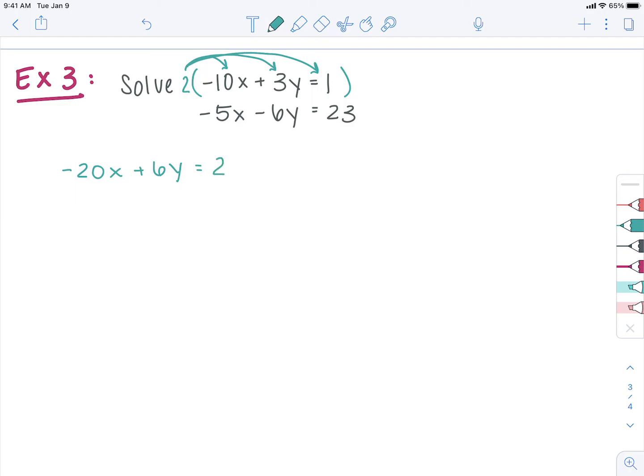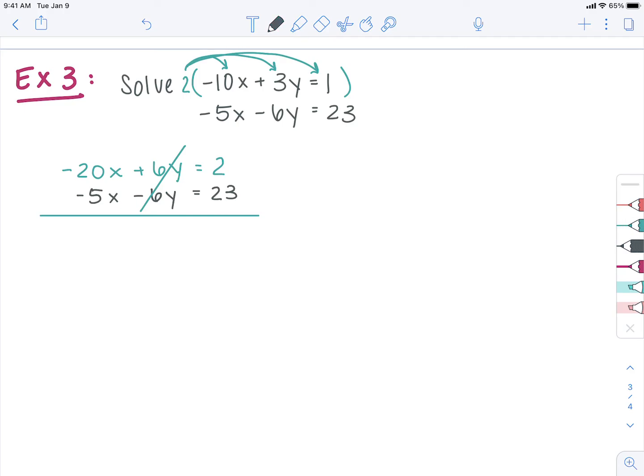I'm just going to rewrite my bottom equation exactly the way it was. I had a negative 5x, a negative 6y equals 23. And now, because I have a positive 6y and a negative 6y, I can eliminate my y's. They're going to go away because they're opposites of each other.